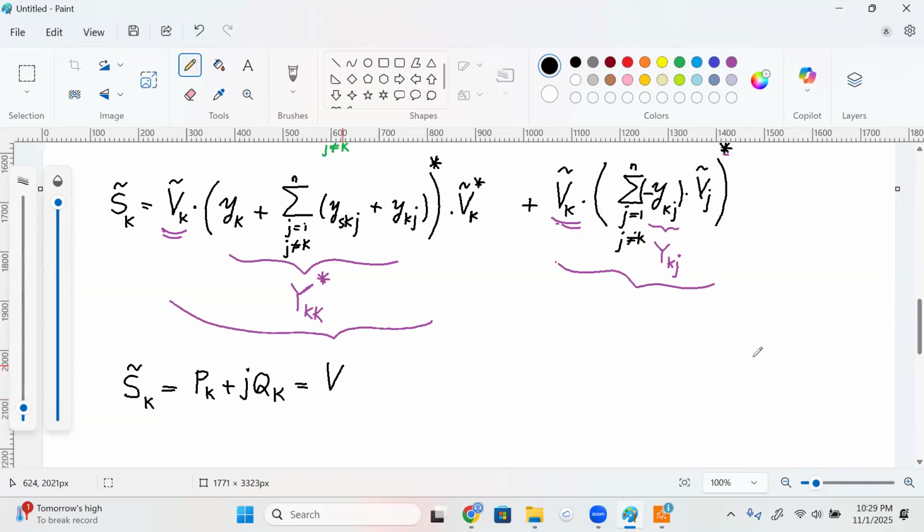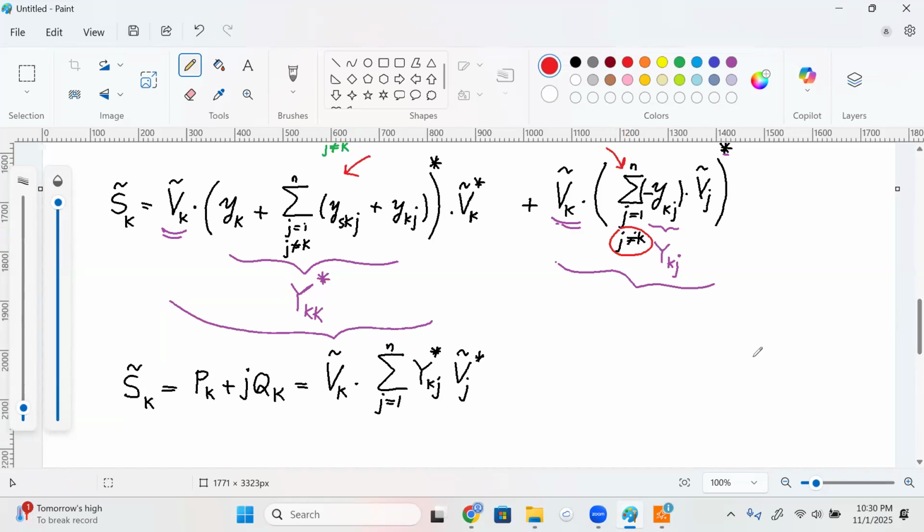That is going to be VK times the summation YKJ conjugate VJ conjugate when J goes from 1 to N, but notice that I do not put J is not equal to K anymore, because essentially I'm combining this summation with this term.